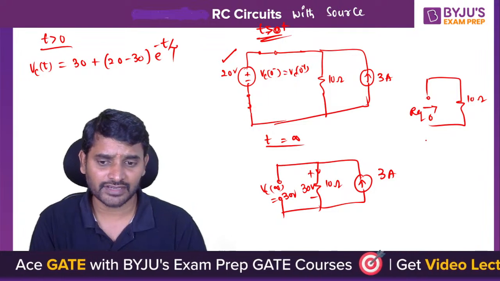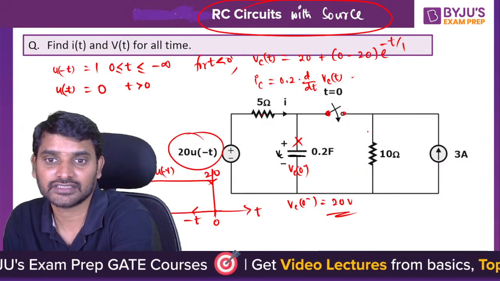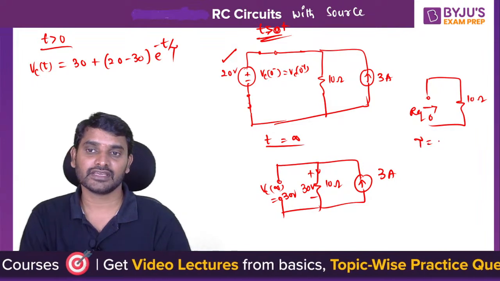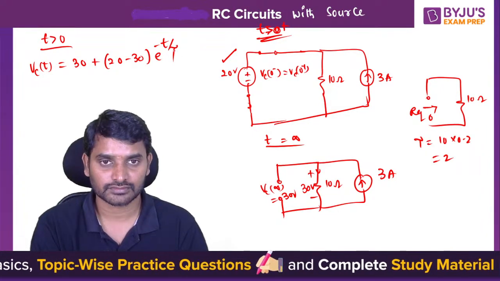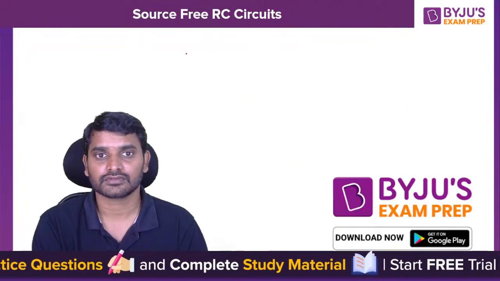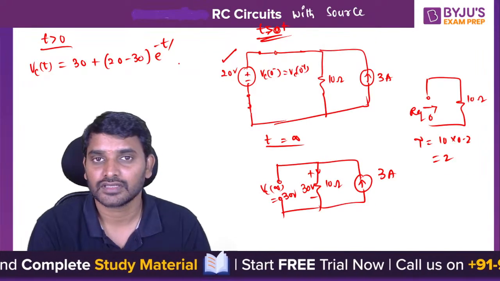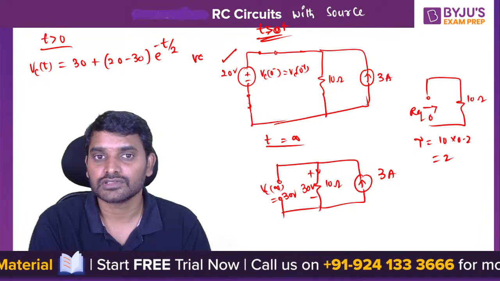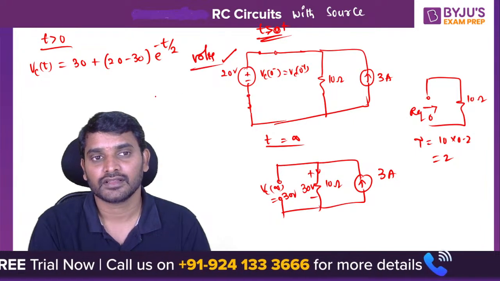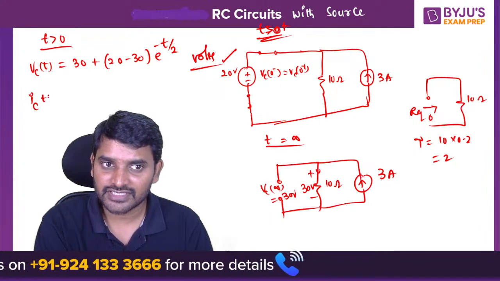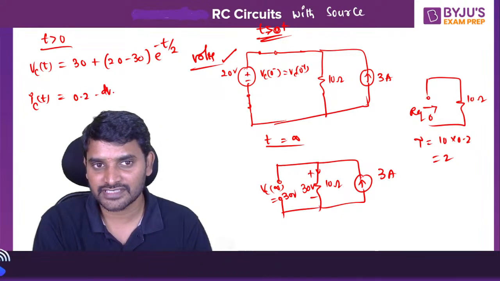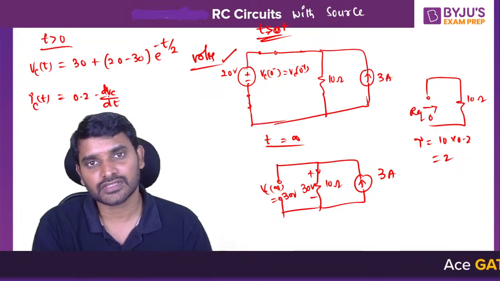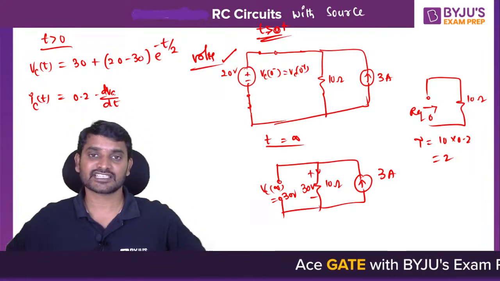C equivalent we already have as 0.2. So tau will be 10 into 0.2, which is 2. Similarly, if you differentiate this voltage expression, current is 0.2 into dVc by dt, and after the differentiation you will get the current expression.